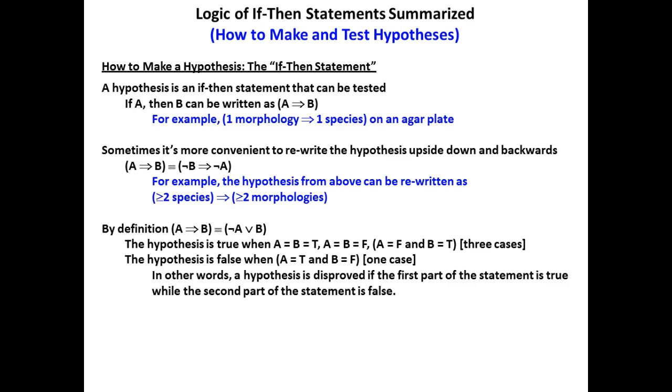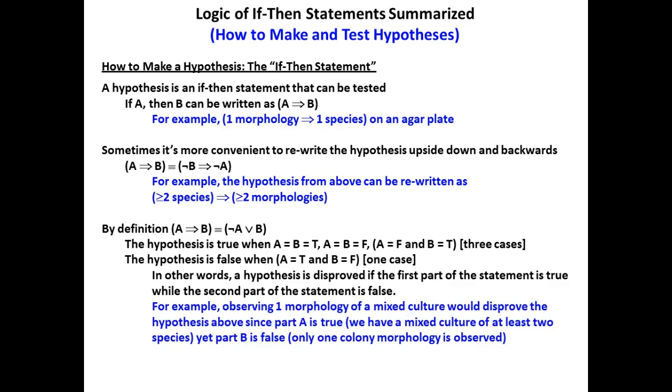Still with me? Part of our proof of that was the plates that we looked at, where we really had one morphology on that one plate, where they were both kind of white. Unless you really looked at them closely, you'd see that we had a mixed culture.